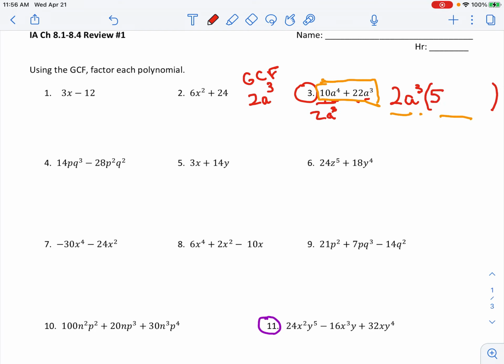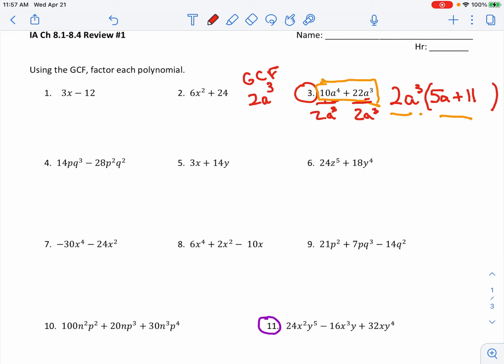When I take 10 and divide it by 2, I get 5. And a to the 4th divided by a to the 3rd, I get a to the 1st. Divide the second term by 2a to the 3rd, and 22 divided by 2 is 11. So I get 11, and a to the 3rd divided by a to the 3rd is 1. 11 times 1 is 11. So because it's positive, that just becomes 5a plus 11.